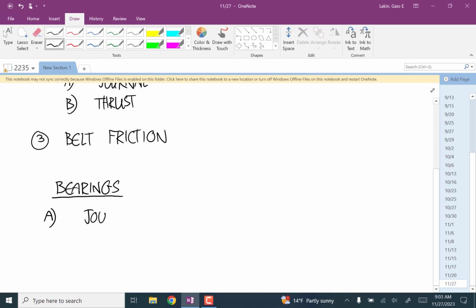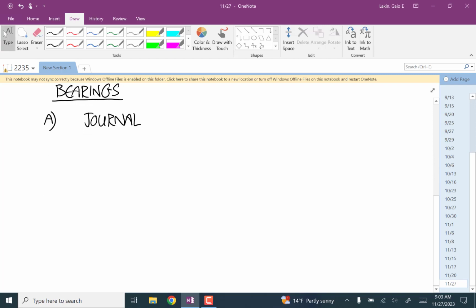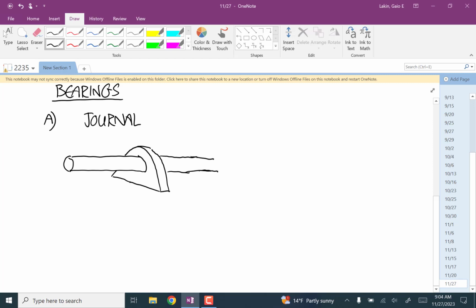The first one is journal bearings. So I'll draw a picture of what this is. You can think of this as a bearing that wheels are rotating on, facilitating wheels rolling. So you have an axle supported by a bearing like this, and this is turning.